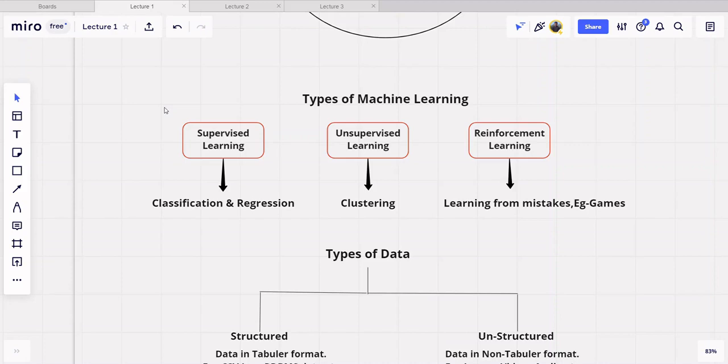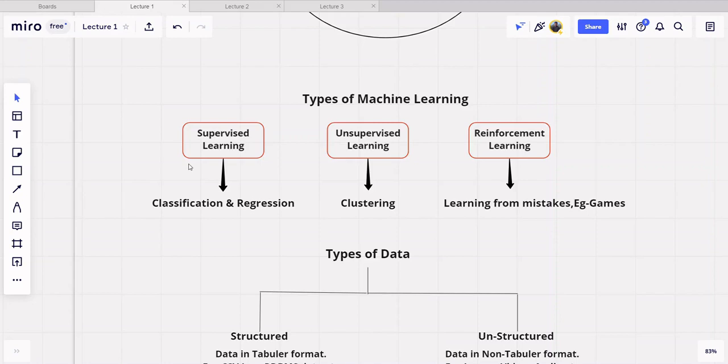Don't worry if you don't understand, I'll be making videos on each of these problems. Keep in mind that each particular type of machine learning solves a particular set of problems. Supervised learning can only solve classification and regression problems, whereas unsupervised learning solves only clustering problems.